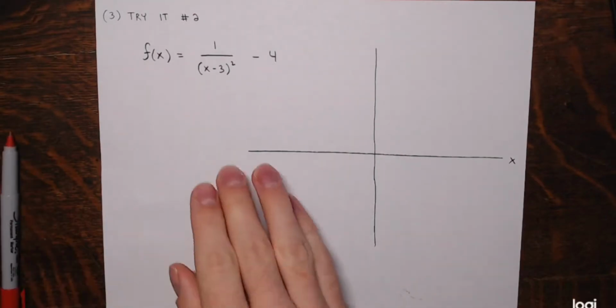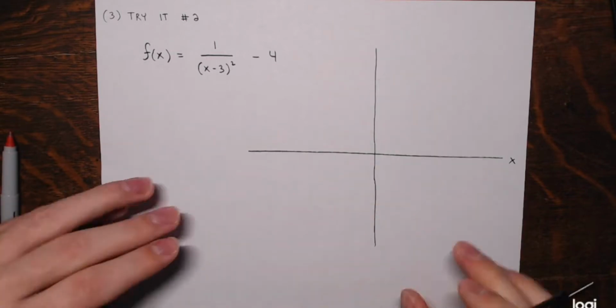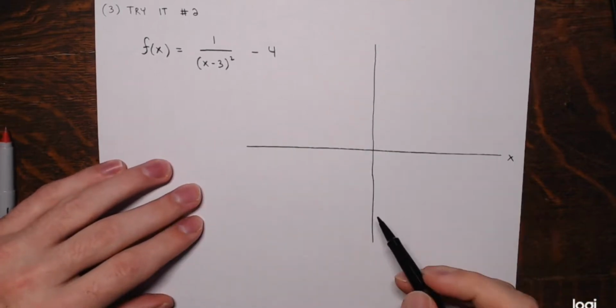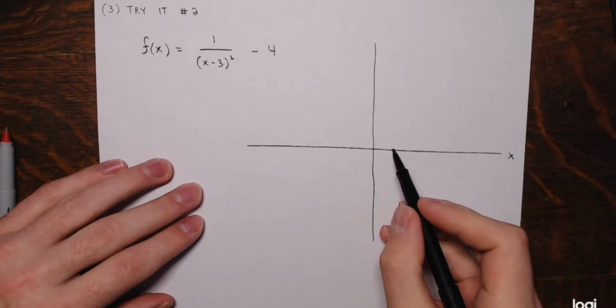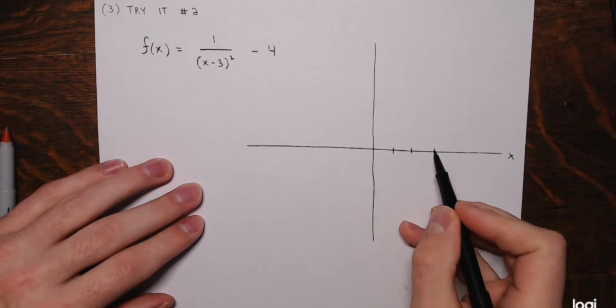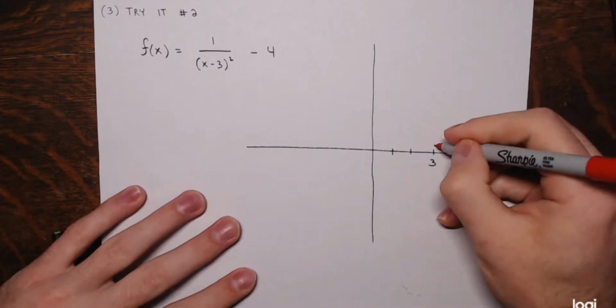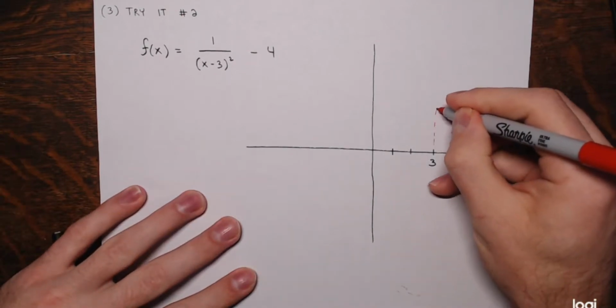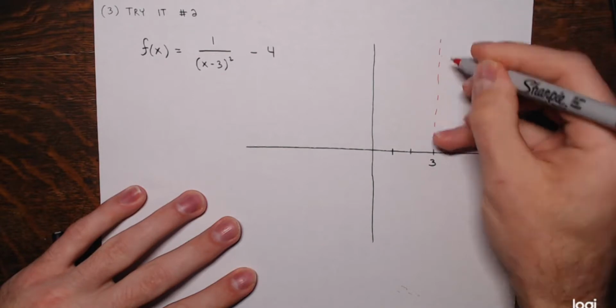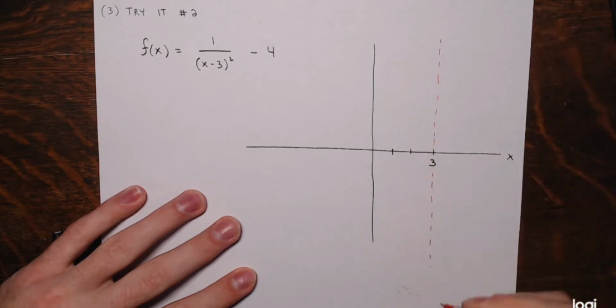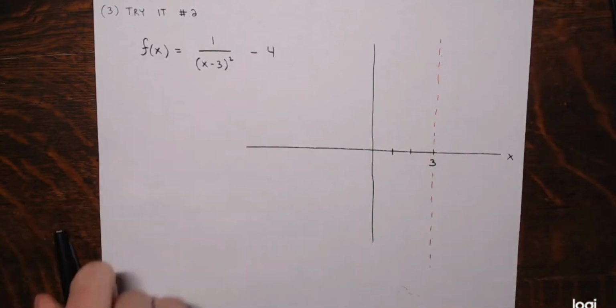So instead of x equals 0 and y equals 0 being the asymptotes, I'm moving it right 3. So now x equals 3 is going to be the vertical asymptote. Put a little dashed line there. And then I'm moving it down 4 as well, right?